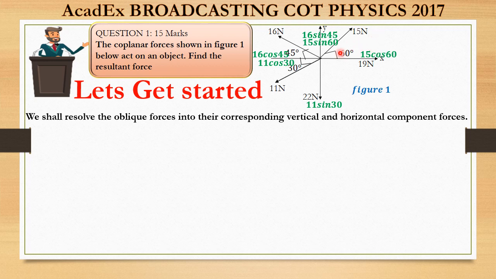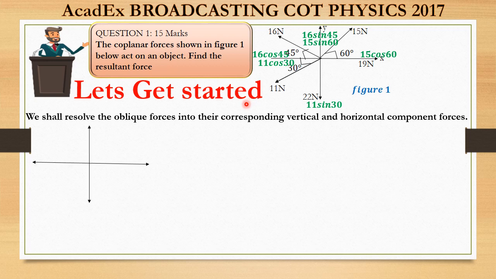I believe we are versed with this. The 11 Newton force, given that it is inclined at an angle of 30 degrees, we are going to have a vertical component of 11 sine 30 and a horizontal component of 11 cos 30, and likewise the same for the 16 Newton force.